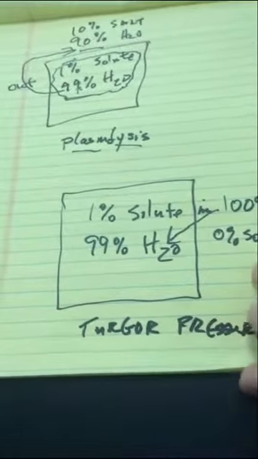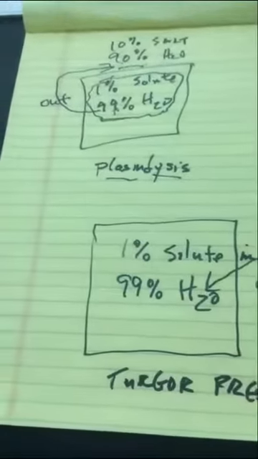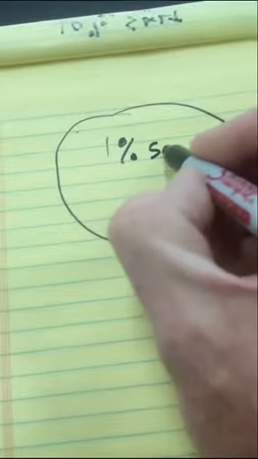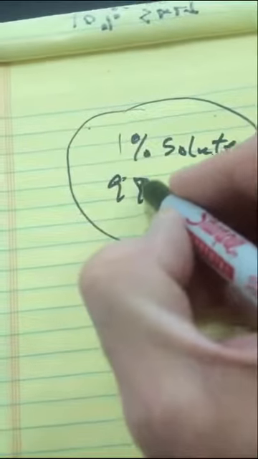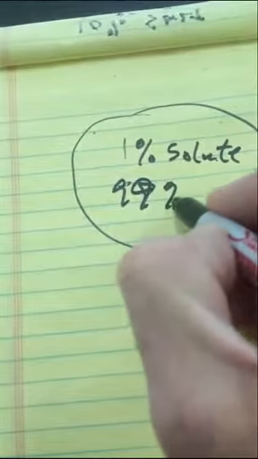Okay, well, let's look at the same situation, except let's work with an animal cell instead of a plant cell, and pretty much have the same event occur. So let's do that again, except we'll use the same concentrations to keep it simple, but this is an animal cell here instead of a plant cell. So again, cells typically are about a 1% solute, and that is a 99% water.